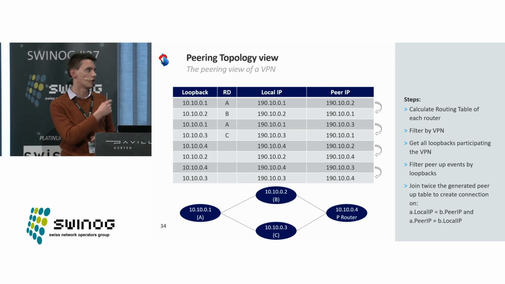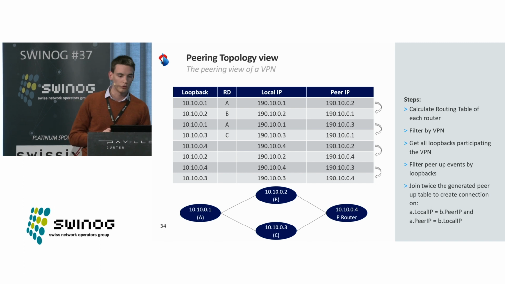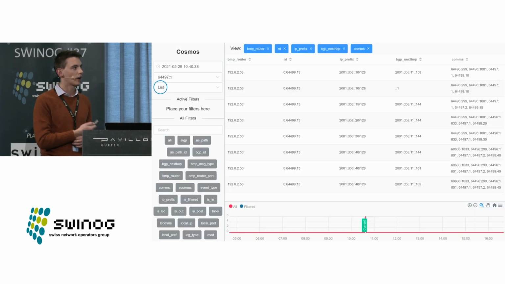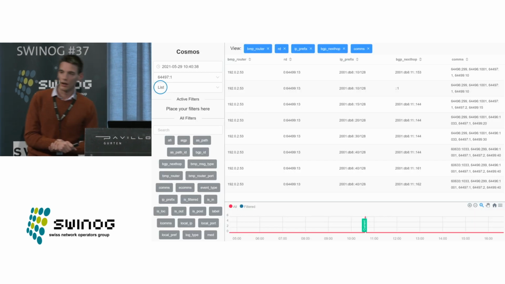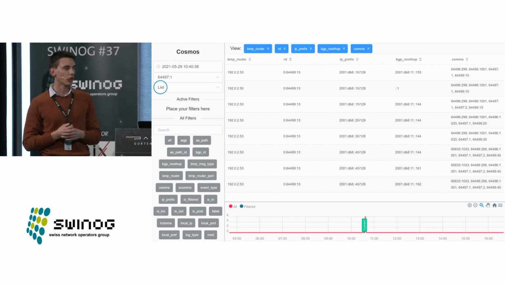The second is local IP 2 and peer IP 1, and so there is a line between 1 and 2. And so from this you have the peering information, and finally you can really see the adjacency of each router at any point in time.